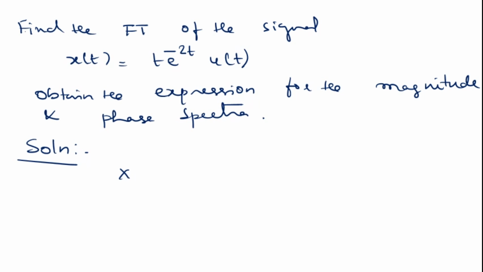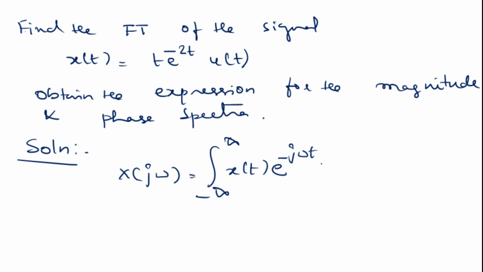We know that x of j omega is equal to integration minus infinity to infinity x of t into e power minus j omega t into dt, which is equal to 0 to infinity t into e power minus 2t into e power minus j omega t into dt.